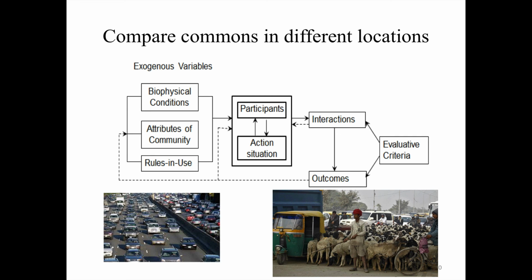Due to those differences of external variables, it's not a surprise that action arenas are very different in India and the US. As somebody who is used to driving in the USA, I'm not prepared to participate in traffic in India. I do not know the rules in use. I do not know how to interact with the other participants on the road to drive safely. It will require a major adaptation to get used to that new situation.